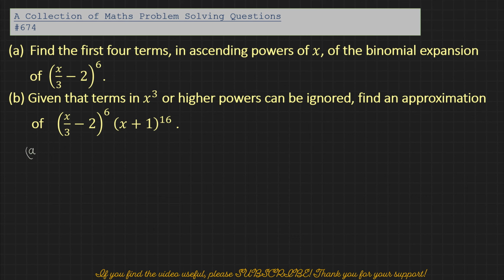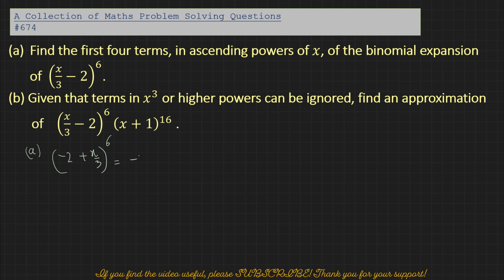For part A, because it has to be in ascending powers of x, I'm going to write it as (−2 + x/3)^6 and then do the expansion.